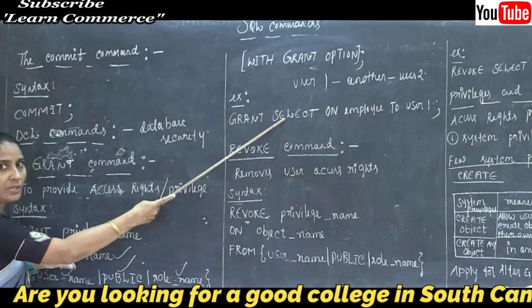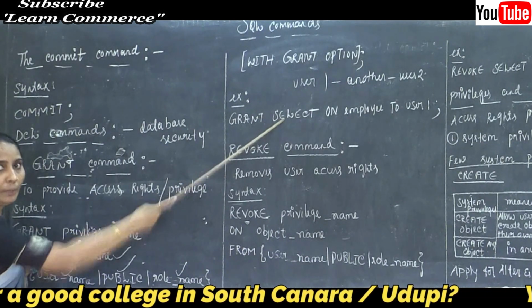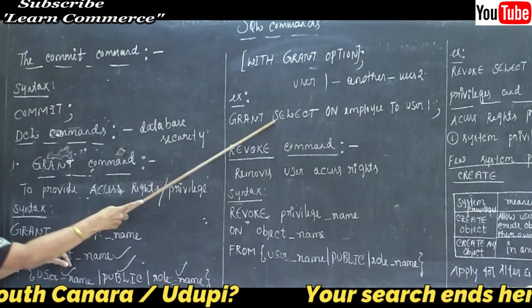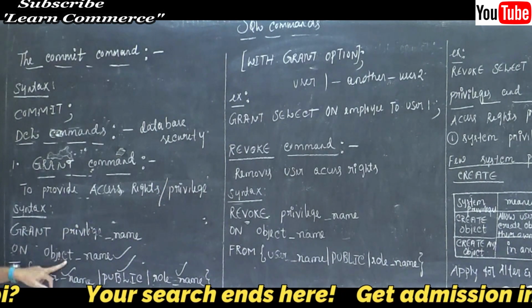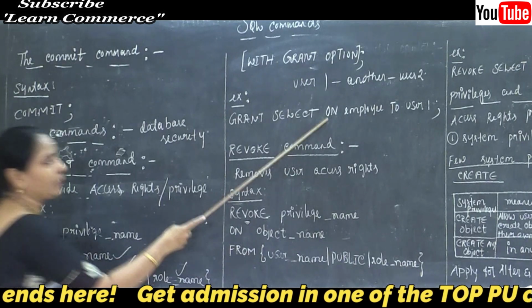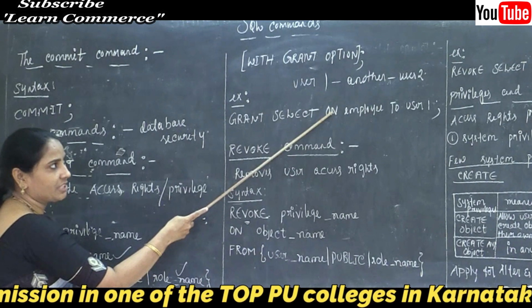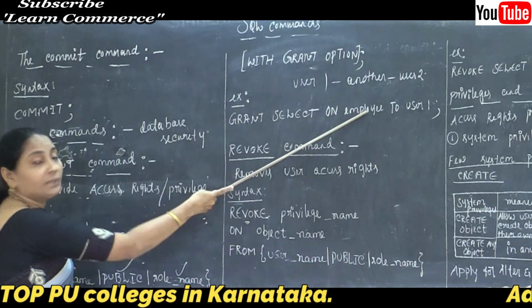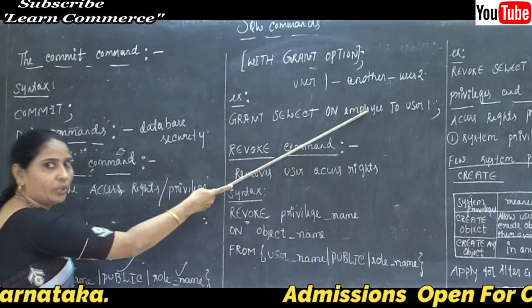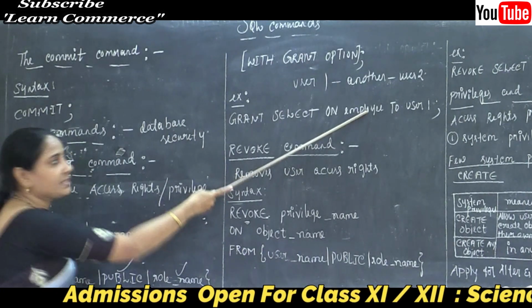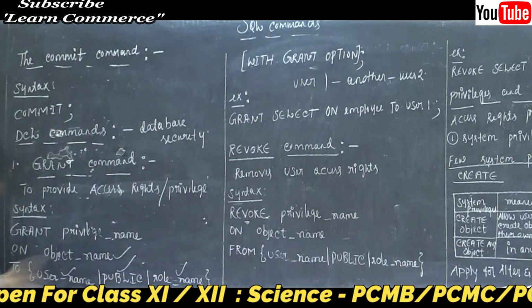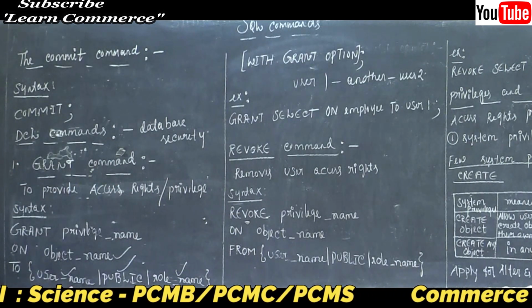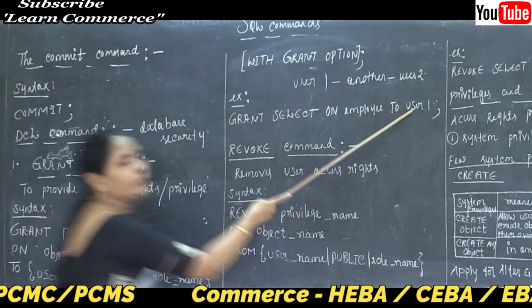So in this example the permission name is select, on object_name, from which table? We write the table name as it is, the object_name, only called the table. The table name is employee, to user_name, the username user 1, semicolon.